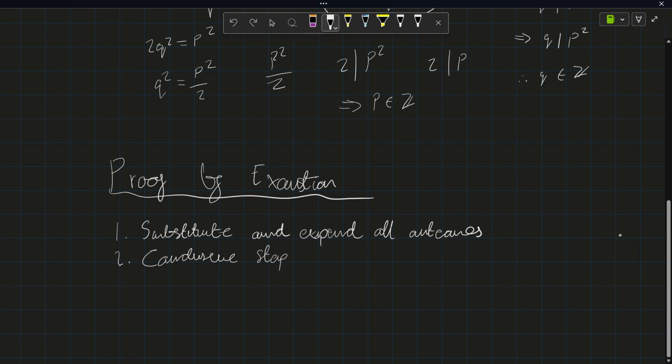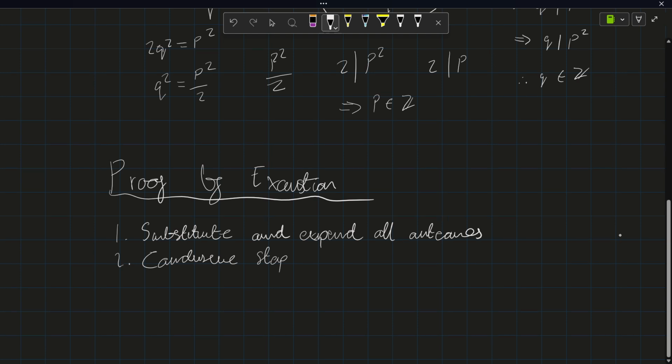If I said prove... the factor of 2 squared.